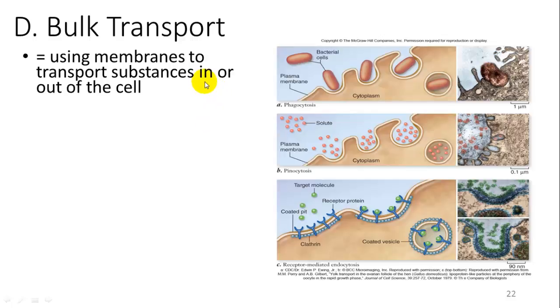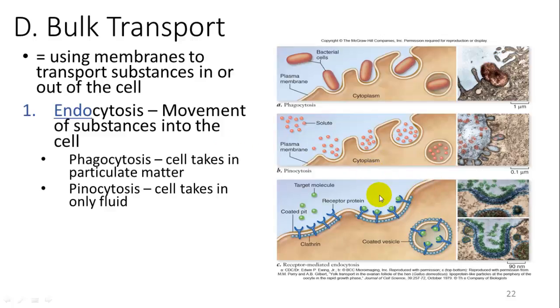All right, bulk transport is using membranes to transport substances in or out of the cell. We talked about vesicles before, how they are formed by the endoplasmic reticulum and the Golgi bodies. These can also be formed by just the plasma membrane layer itself. During endocytosis, you have the movement of some substances into the cell, and there are two specific types.